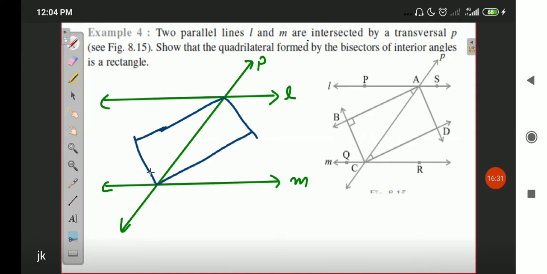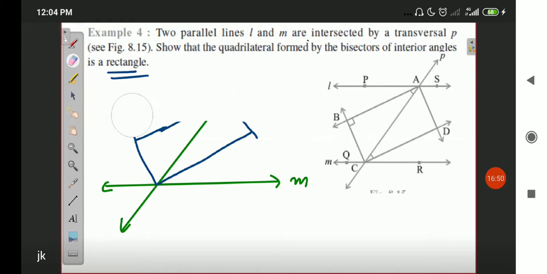These are bisectors of interior angles, and we have to determine that the quadrilateral formed by joining the bisectors of these interior angles is a rectangle. So once again, let us review what a rectangle is. A rectangle is a parallelogram.